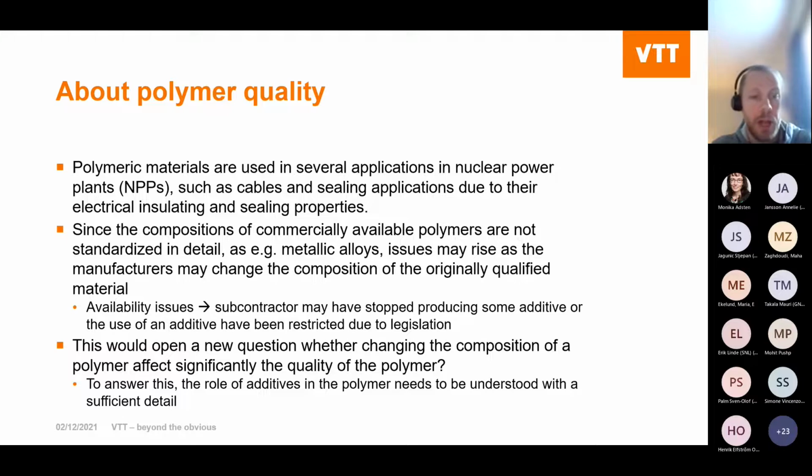So here we have the question then whether the changing of one component in the polymer composition would affect significantly the quality of the polymer. So to answer this, we should enlighten ourselves with more knowledge about polymer additives and how they are analyzed and how they affect the aging of these polymer components.